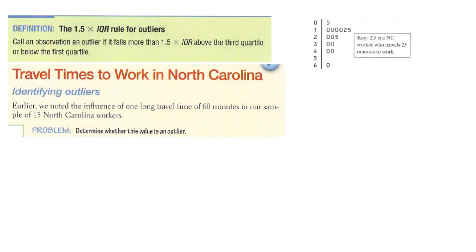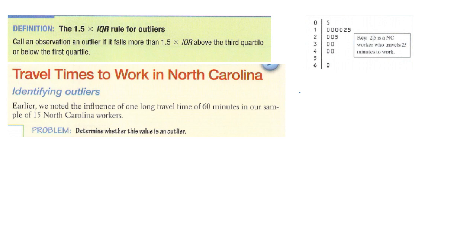Okay, so before, when we were looking at data, we would say things like there's a possible outlier or a potential outlier. We can now use this IQR to help us calculate whether something is actually an outlier or not. Our formula for doing that is taking 1.5 times the IQR and adding it to the third quartile and subtracting it from the first quartile.